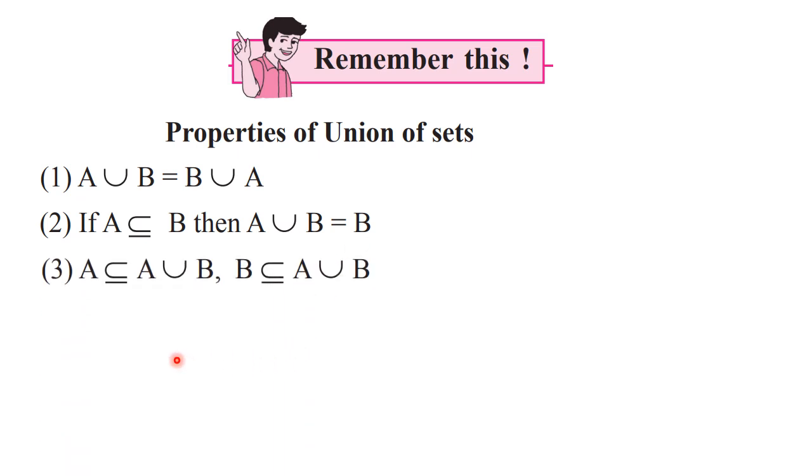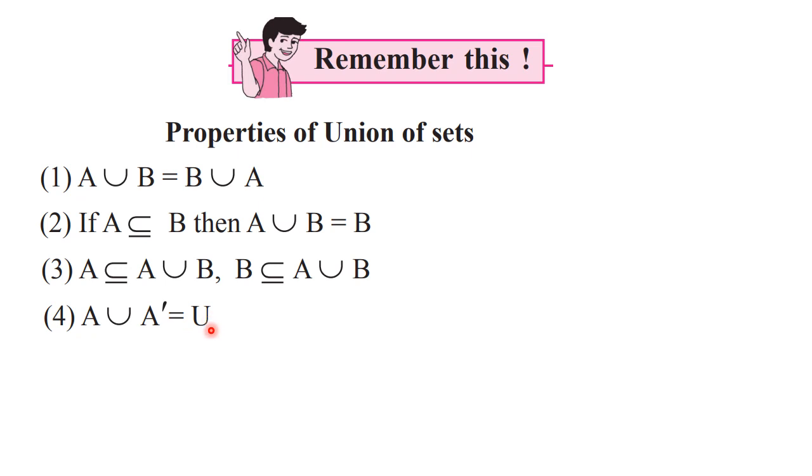Then next, A is a subset of A union B and B is a subset of A union B. So A union B is a bigger set and therefore obviously A and B are subsets of that bigger set, that is union. Next, A union A complement is equal to the universal set.